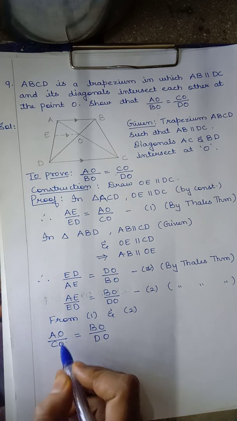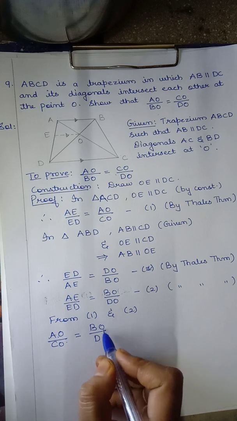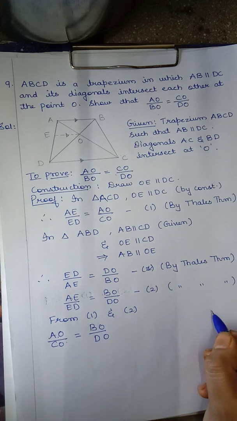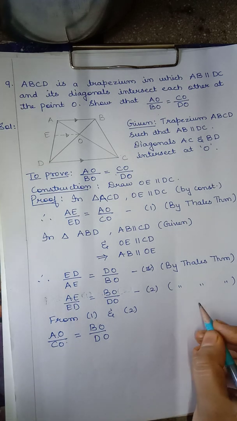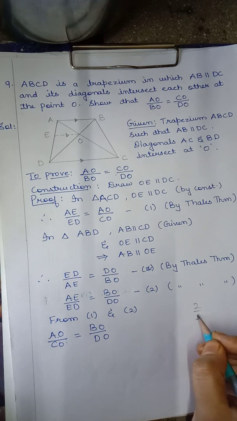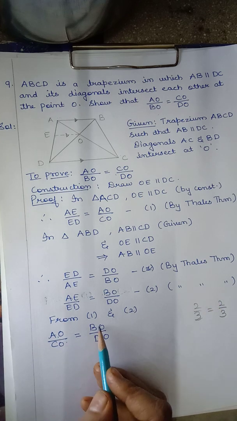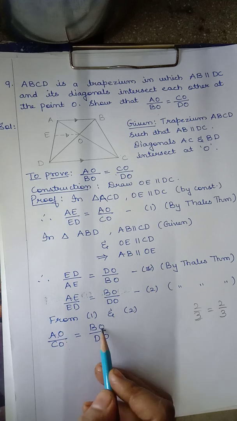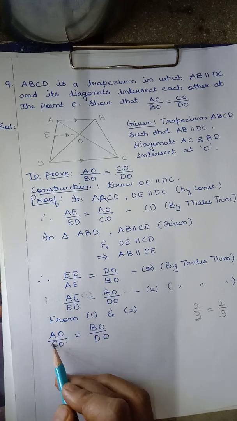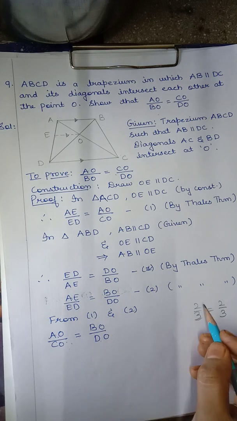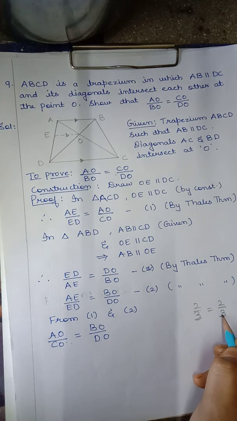Why can we interchange? Because AO by CO and BO by DO have the same ratio, with an equal to sign. For example, if 2 by 3 is equal to 2 by 3, I can interchange them.